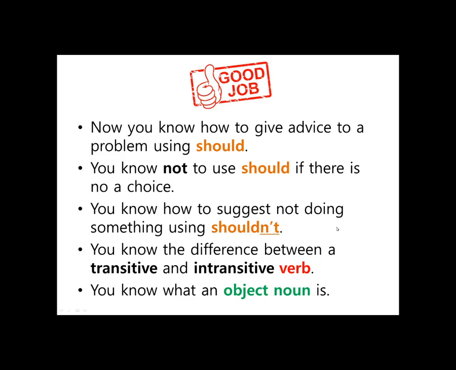So you shouldn't throw trash on the floor. And you know the difference between a transitive and intransitive verb. Remember, an intransitive verb has no object, and a transitive verb does. And you know what an object noun is.